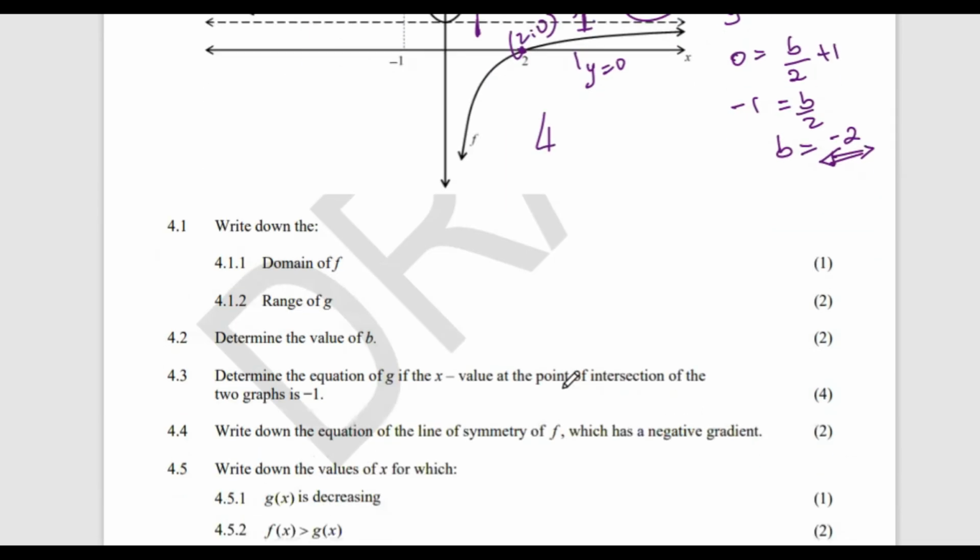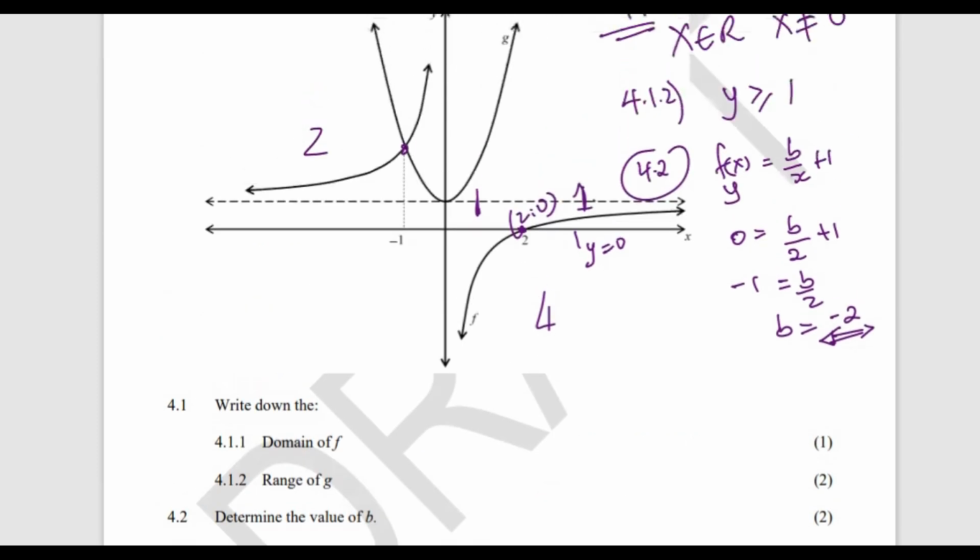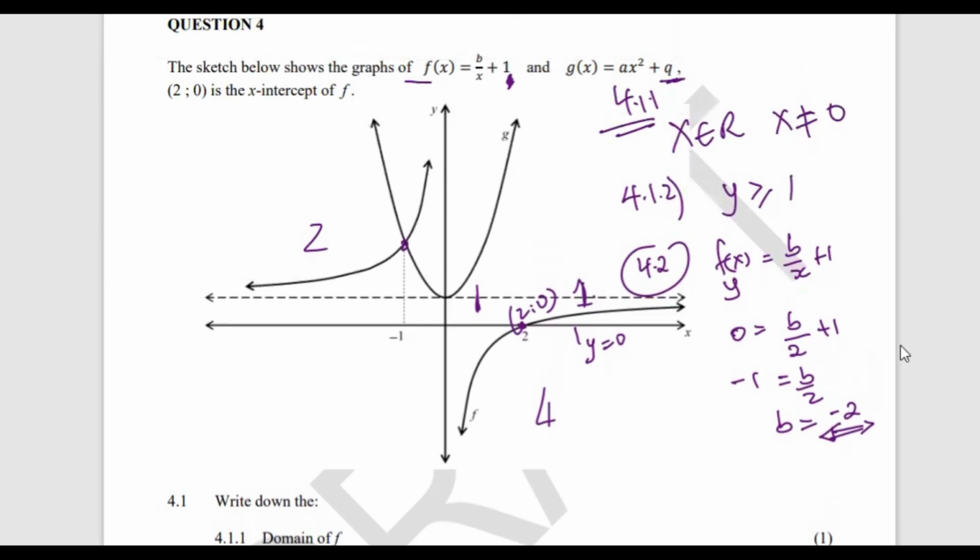Then 4.3, determine the equation of g if the x value of the point of intersection of the two graphs is negative 1. So it's 4 marks. Now, since we have the value of b as negative 2, we need to find the y value at this point, and then that point is what we're going to use in the equation of g. I'm going to say that now my f of x is negative 2 over x plus 1.